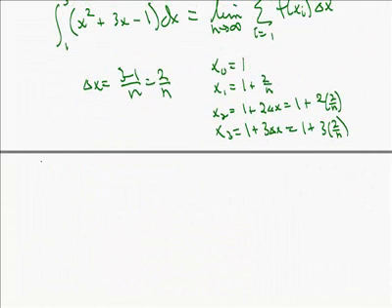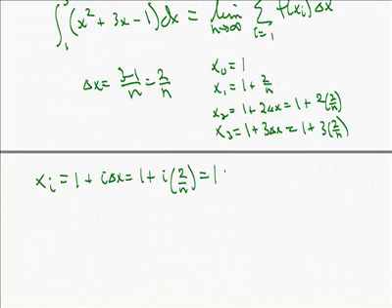And what we're going to get then, if we generalize, is that x sub i is going to be 1 plus i times delta x, or 1 plus i times 2 over n, or 1 plus 2i over n.